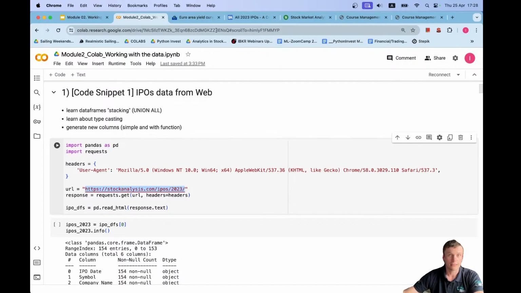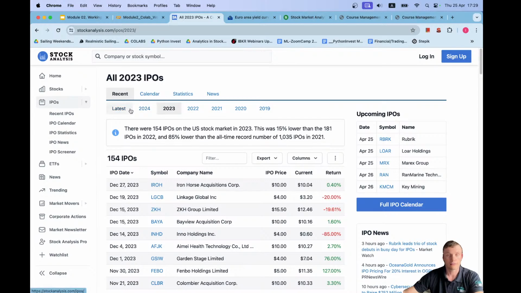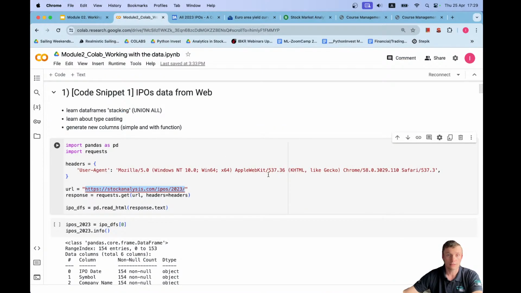There is a link. If you open this link, it's all 2023 IPOs. Actually, there are 200 IPOs with this endpoint, and maybe it is better to download all of them from this endpoint. But if you want to have a longer history for 5-6 years, you would have to click on different links, download, and concatenate the data. That's what we are doing here.